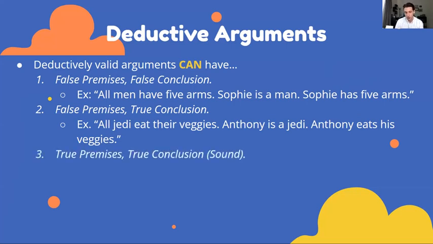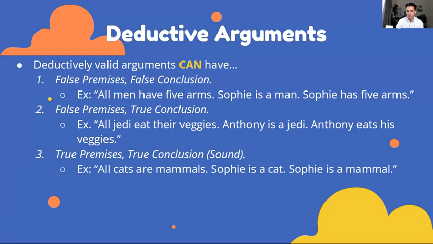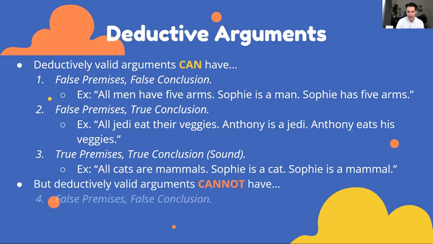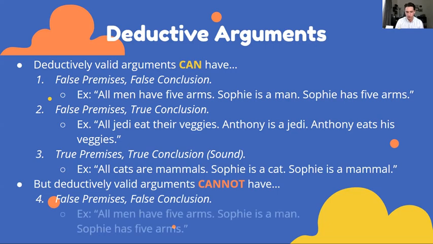And ideally, we want arguments that have true premises and a true conclusion and are valid. Those would be sound. All cats are mammals. Sophie is a cat. Therefore, Sophie's a mammal. That would be a sound argument. But deductively valid arguments cannot lead from true premises to a false conclusion. Okay.